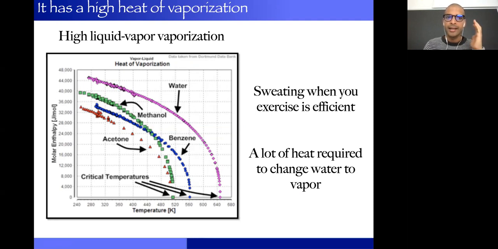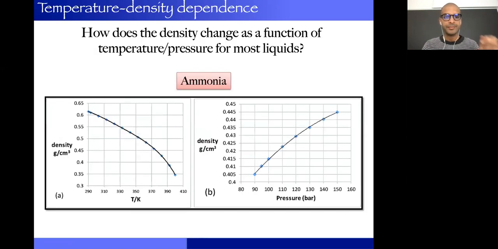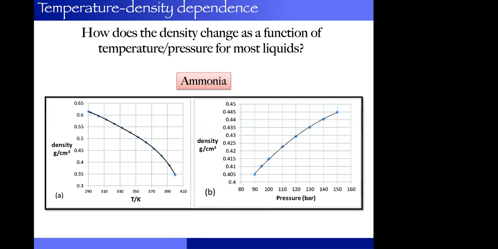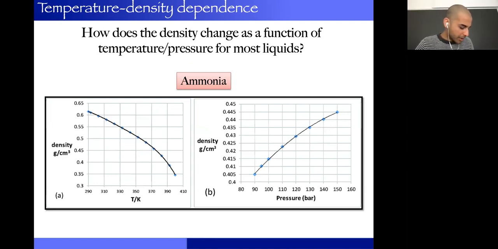So, high liquid vapor vaporization. What is the characteristic that makes water have high liquid vapor vaporization? I sort of alluded to it, but basically it has a very dense network and collection of hydrogen bonding structures.